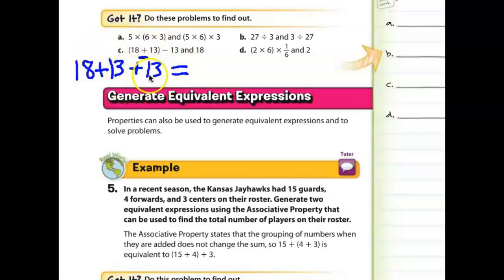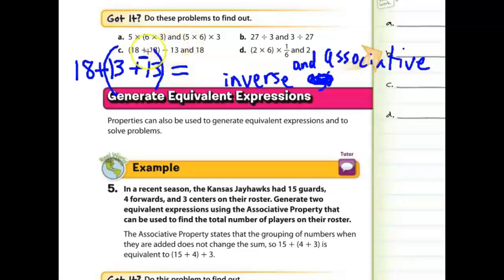Now, once I've done that, what could we do to make this a simpler problem? Once we make this into addition, we can use the property of what to find the answer. Go ahead and answer that question for me. So changing that subtraction problem to addition problem opens up quite a few things for us. One thing is the associative property.